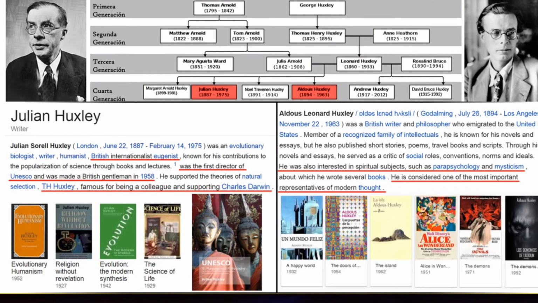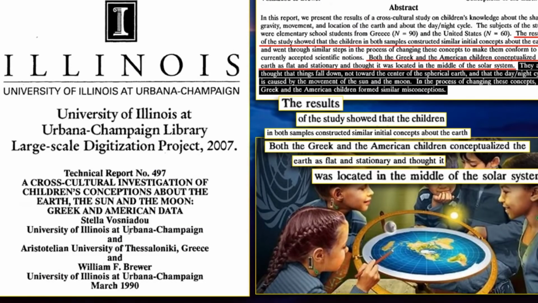And I take this from Roberto Bassano's YouTube channel. This is one of the great documents he presents, and it is the same in our educational system. Here in Argentina, we have the same books and the same thing. It's not just something that happened in the United States or in Europe.